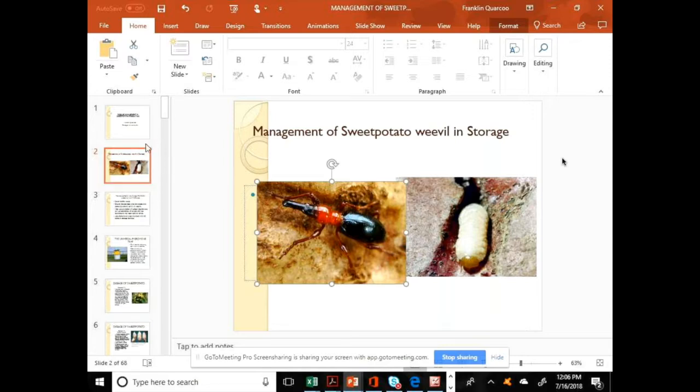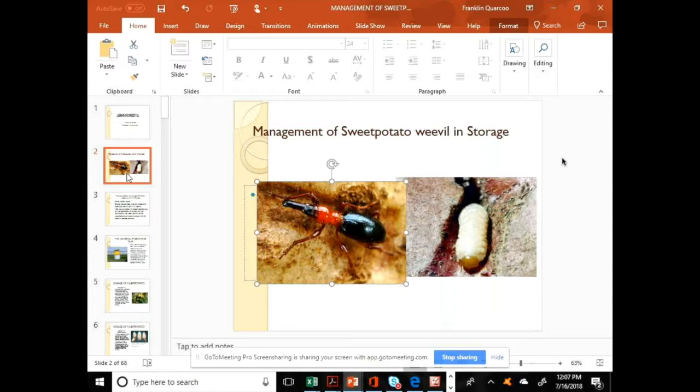Okay, so the picture I see is management of the sweet potato weevil in storage, but it doesn't necessarily have to be in storage. So I'm going to focus on the sweet potato weevil. When it comes to the amount of damage insects can do, one of the most devastating problems you can ever have, and this is worldwide, there are different types in different parts of the world, is what we call the sweet potato weevil.